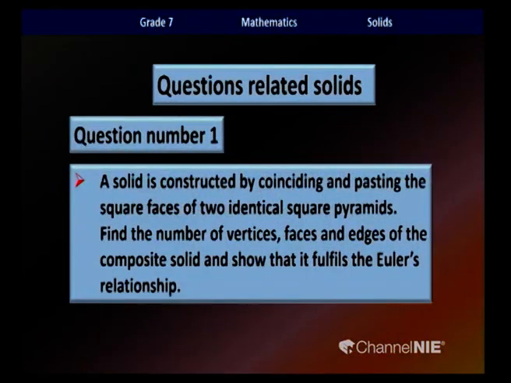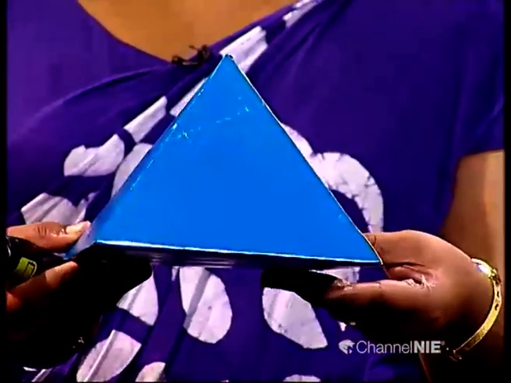Once again, they are describing a composite solid, that means a solid constructed by combining two solids. Here they say a solid is constructed by coinciding and pasting the square faces of two identical square pyramids. This is the square pyramid.